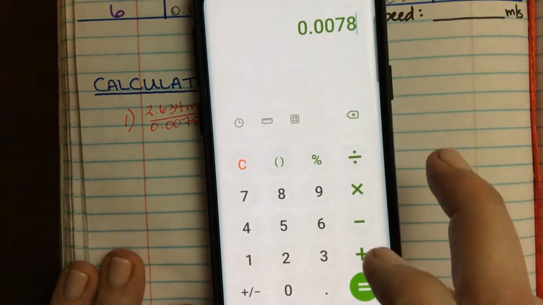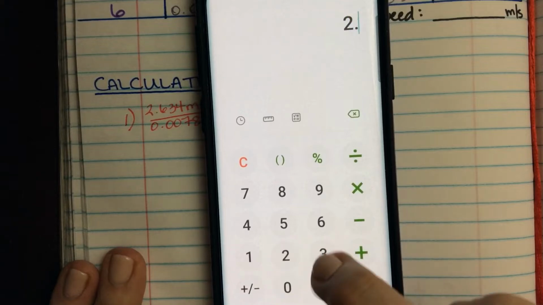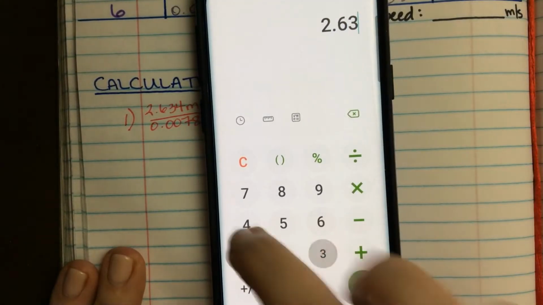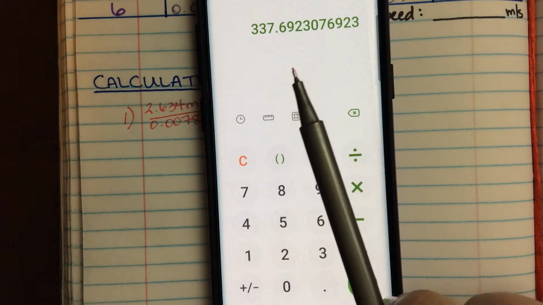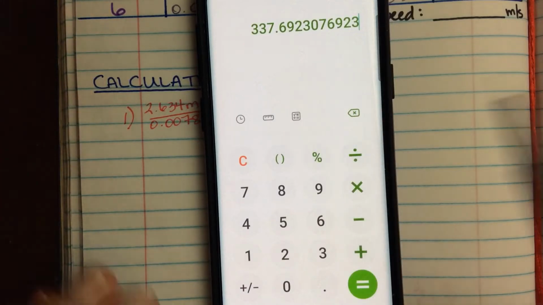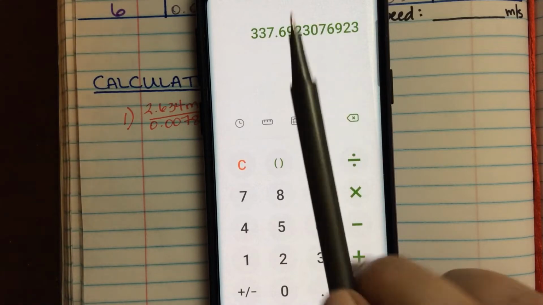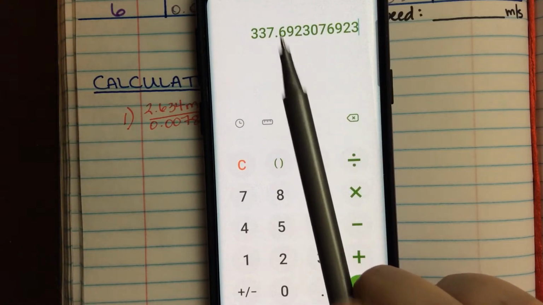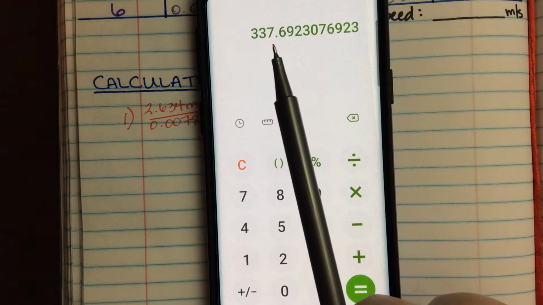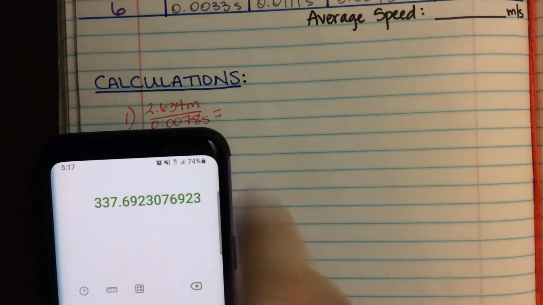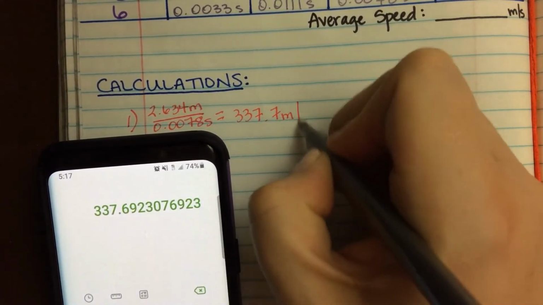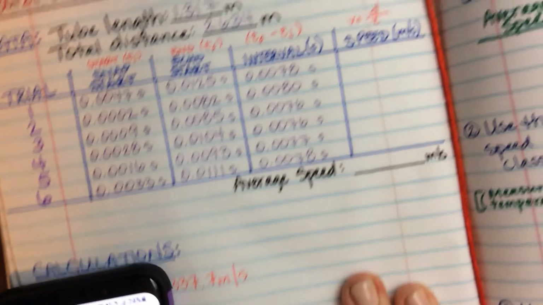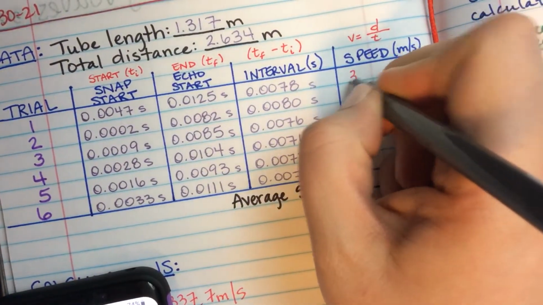And I plug that into my calculator. 2.634 divided by 0.0078 is 337.69237, and so on. So in this case, just to keep things simple, I'm going to just round to my tenths place. And so we're going to call this 337.7 meters per second. And I'm going to write that in my data chart as well.